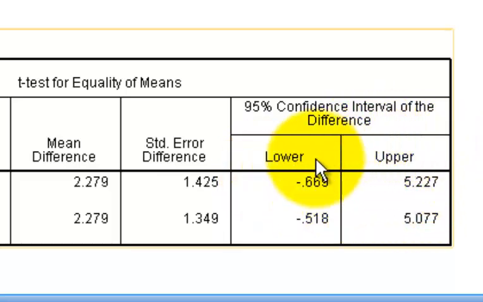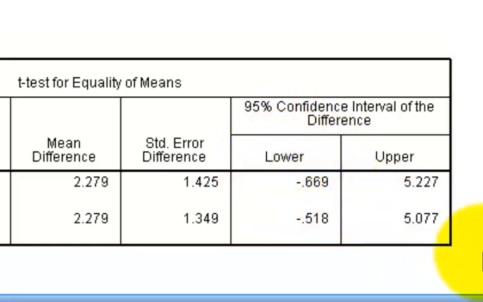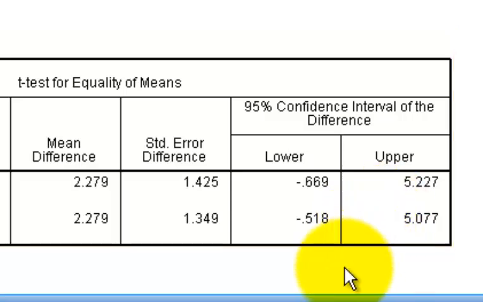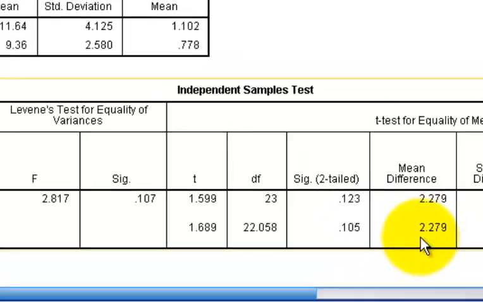The number 0 is in this range, so that could be the difference, and that's exactly what the null is stating, that there is 0 difference between these means. So again, if your confidence interval contains a 0 somewhere, if I can fit a 0 between these two numbers, then you cannot reject the null. But that's it.